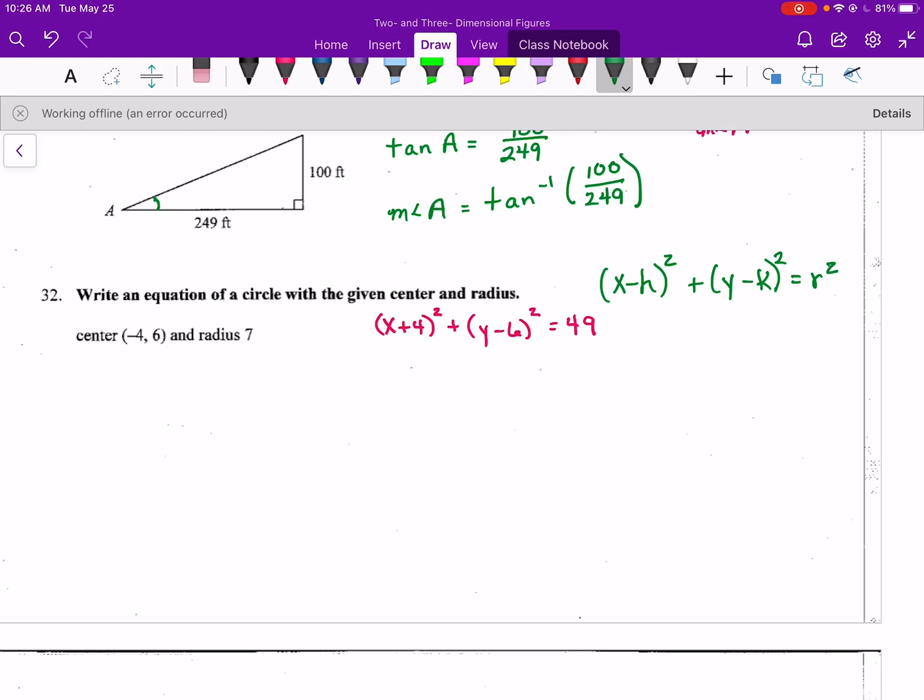And so when we use that form and the center and radius that we're given, it's x minus -4 squared plus y minus the 6 quantity squared equals 7 squared. 7 squared is 49, and when we simplify that double negative, it turns into a +4. And so we get our answer.